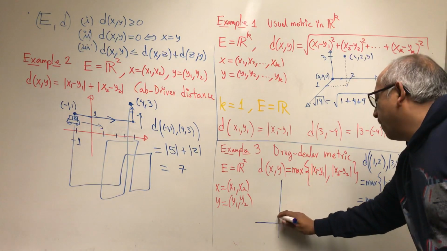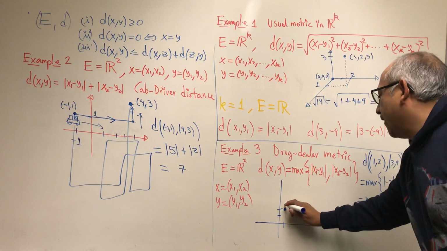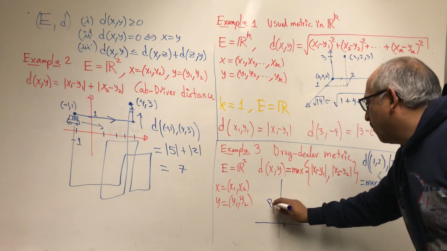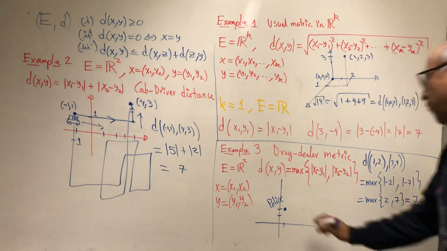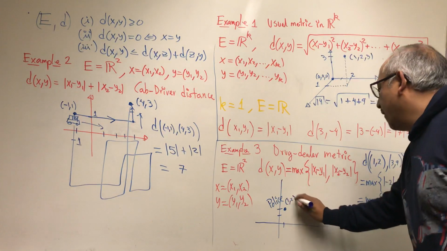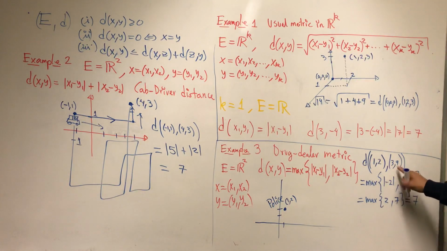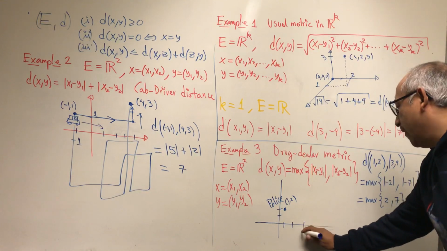1, 2. This is you. Say that you are the police. Right here, 1, 2. And you want to catch a bad guy, a drug dealer that is in 3, 9. 1, 2, 3.